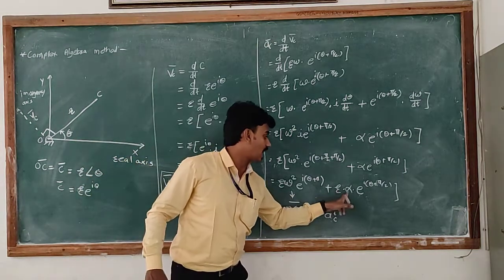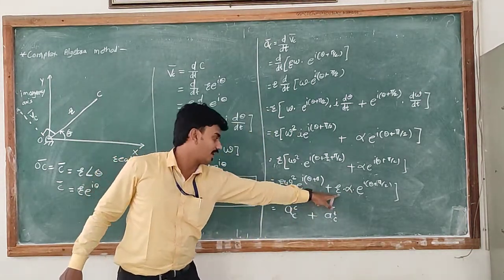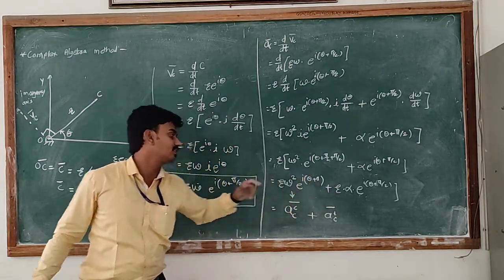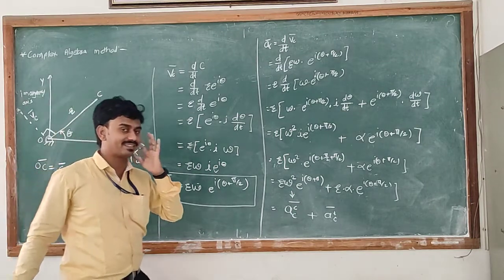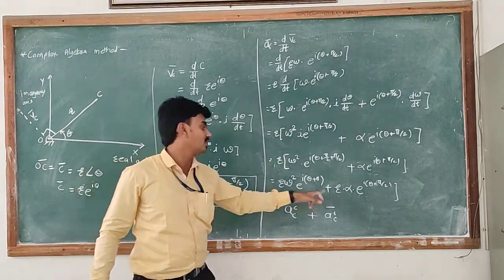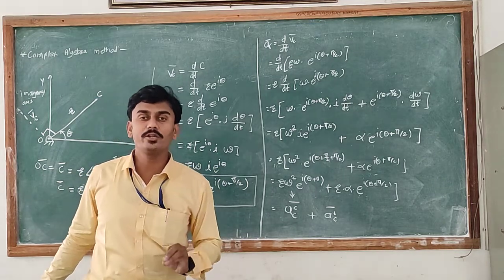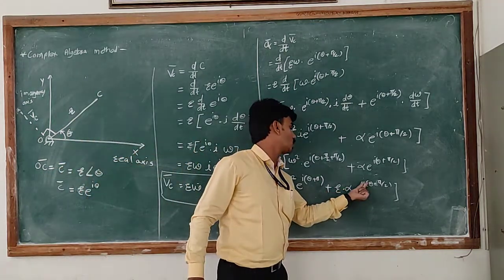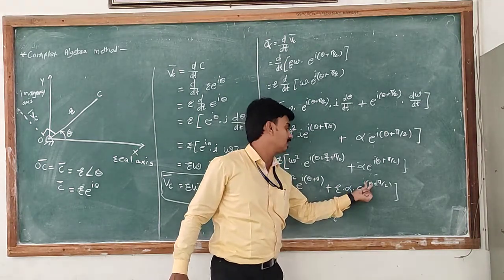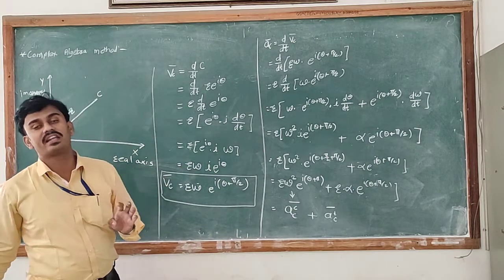Similarly here, r into alpha, where r is the length of this link and alpha is the angular acceleration. This r into alpha is the magnitude of tangential acceleration, and e raised to i into theta plus pi by 2 is the direction of the tangential acceleration.